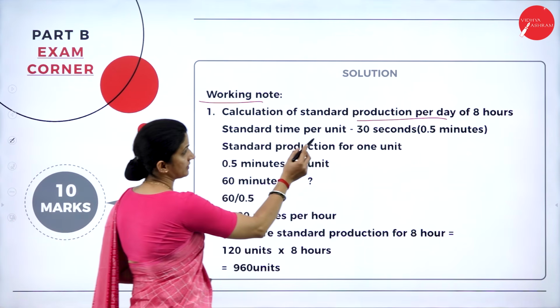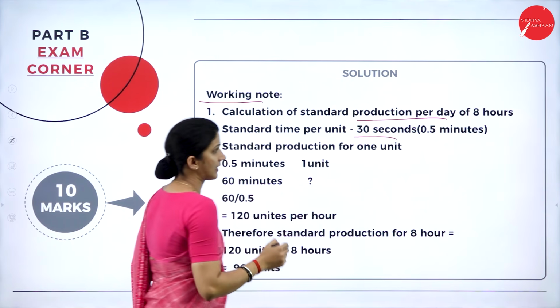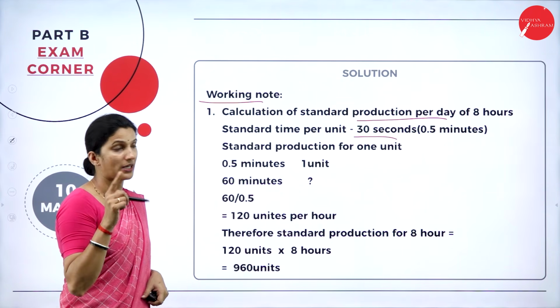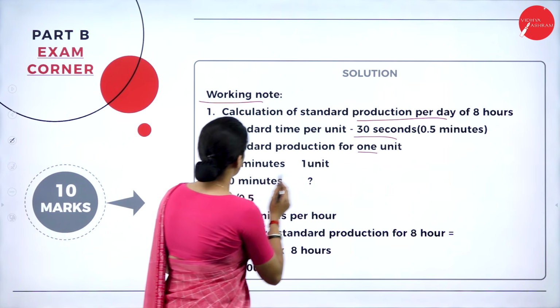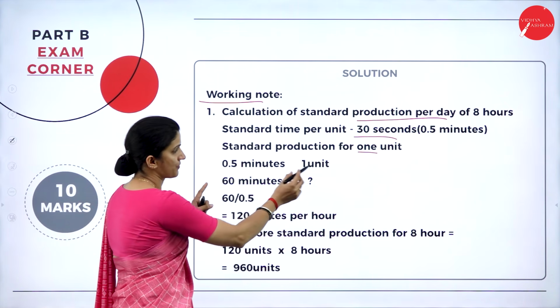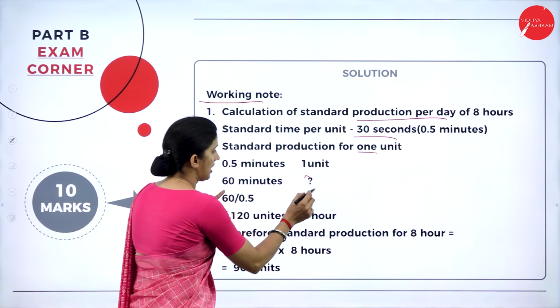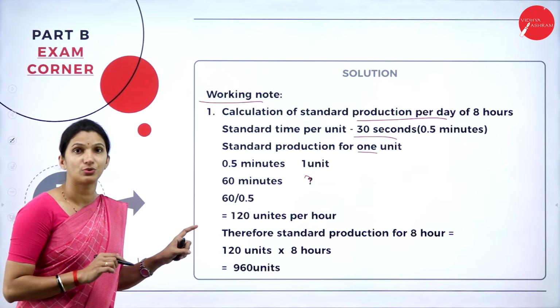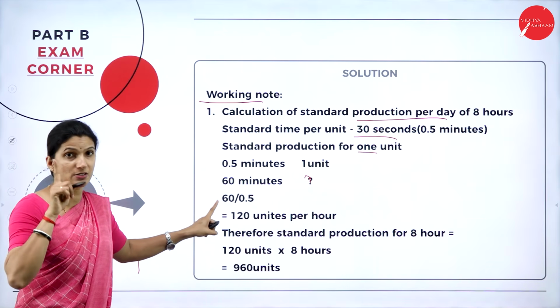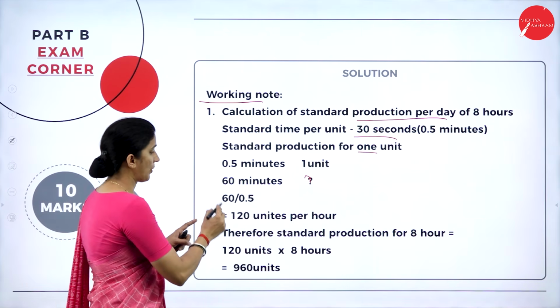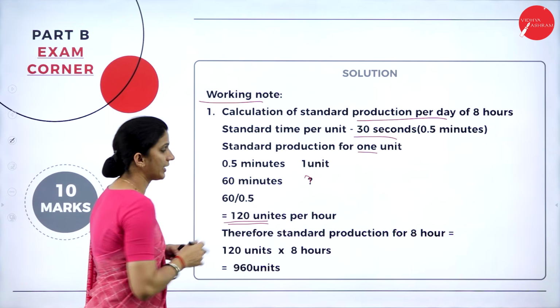The standard time is 30 seconds per unit, that means 0.5 minutes per unit. For 60 minutes, that is for 1 hour, what is the standard production? It is 120 units.